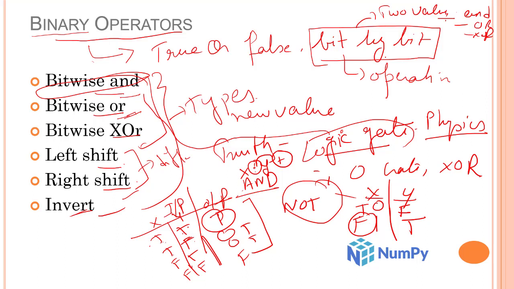So this is how binary operators work. I hope you're clear with the theory of binary operators. Now we'll understand how to use these operators practically in a Jupyter notebook. So let's jump to the Jupyter notebook.